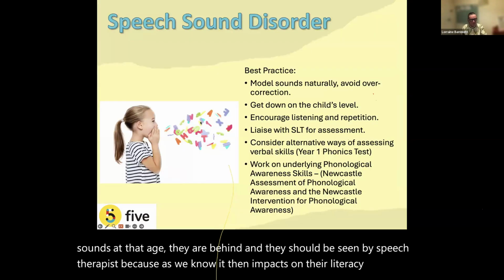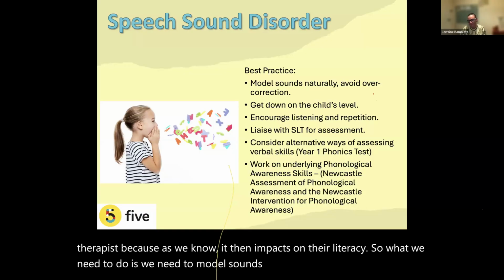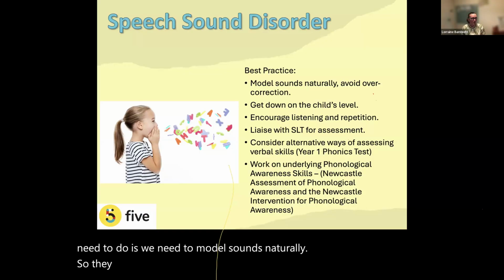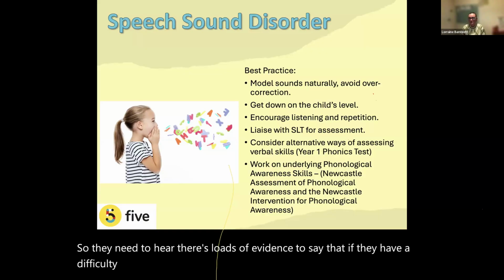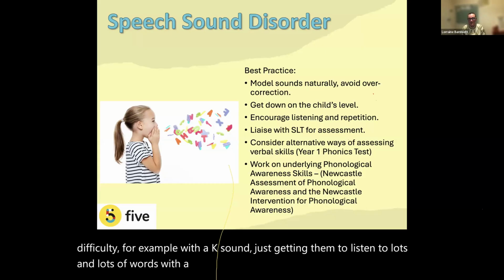So what we need to do is model sounds naturally. They need to hear them. There's loads of evidence to say that if they have a difficulty, for example with a k sound, just getting them to listen to lots and lots of words with a k sound in them has a huge impact.